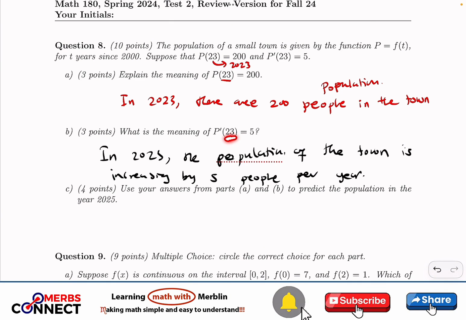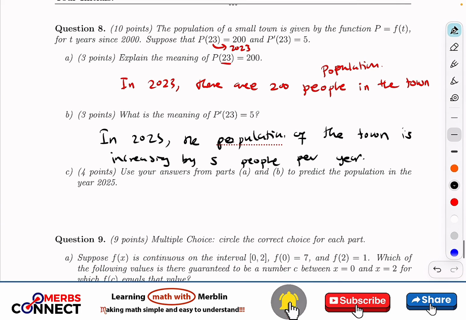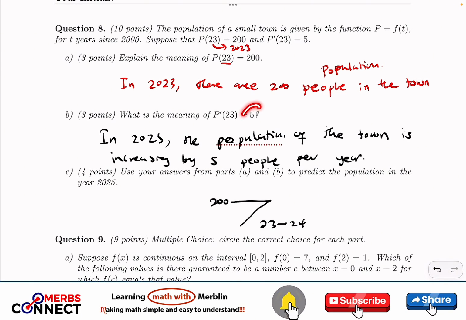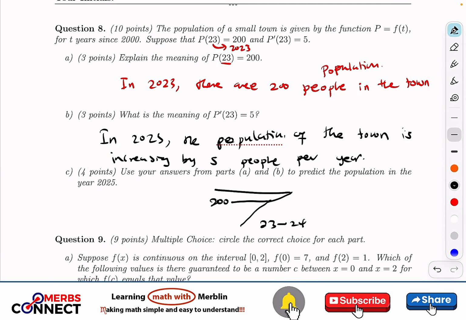So let's assume that I have a graph. This is 2023. We can see that the function is increasing, and it got here, and the number of people in the town was 200. We are looking at just moving to 2024. What is going to happen? Because this is positive, it means that it's going to increase by 5. So at 2024, the population is going to be 205.